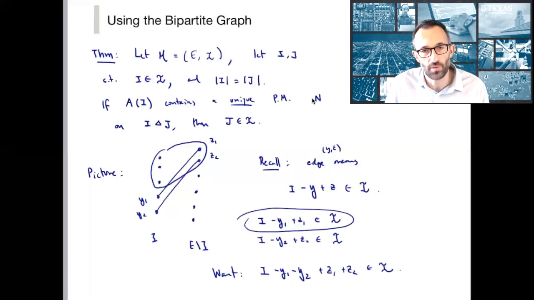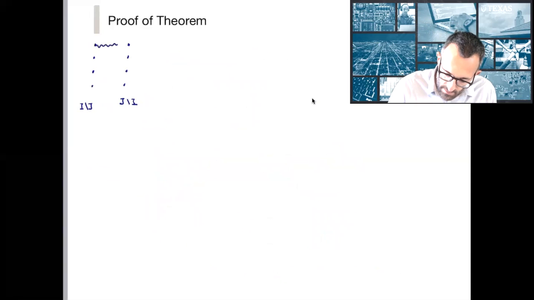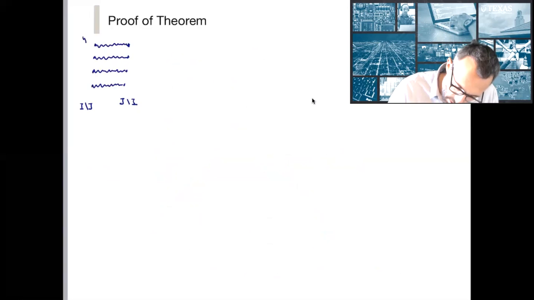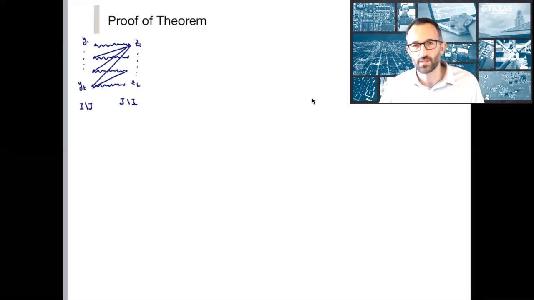In the example that I drew, they both had size 2, but I'm just drawing them now to have size 4. And there is some matching. And potentially there are other edges. So here in Y, I'll label these Y1 to Yt, here Z1 to Zt. So potentially there are some other edges. I've drawn these in a special way, and we'll see why in fact this has to be the case.